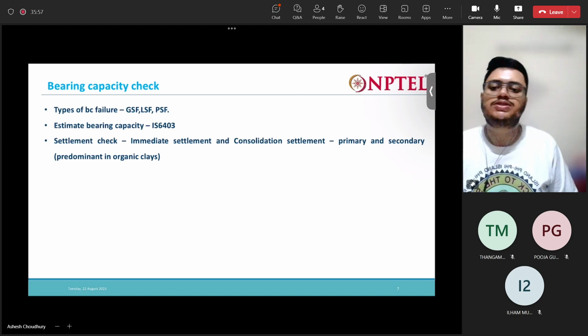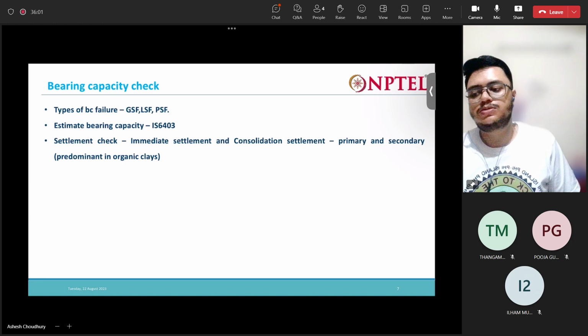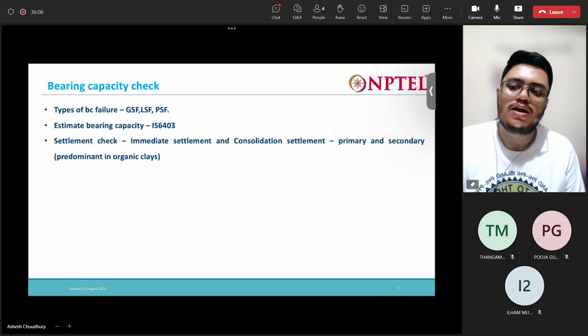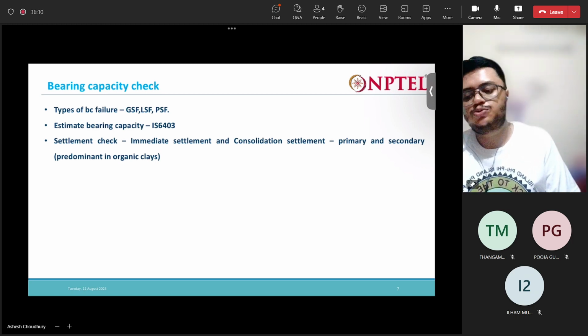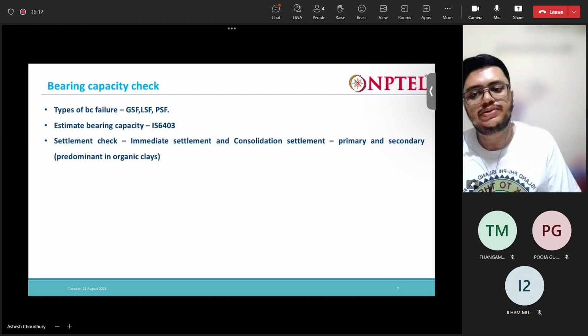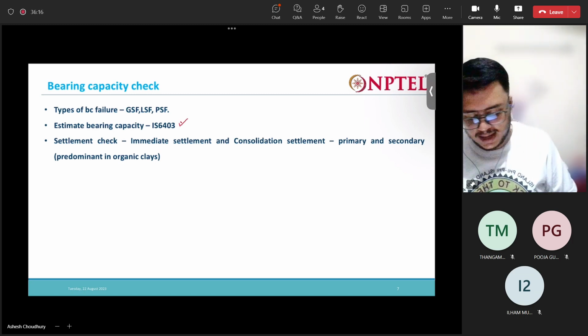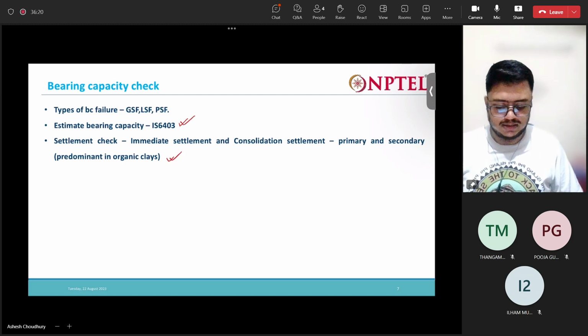And how to estimate the bearing capacity? This bearing capacity estimation is done following IS 6403. So you will be solving one problem where you will be using IS 6403. And the other thing we were talking about is, first we determine the bearing capacity, and then for the ultimate settlement we do the settlement check.